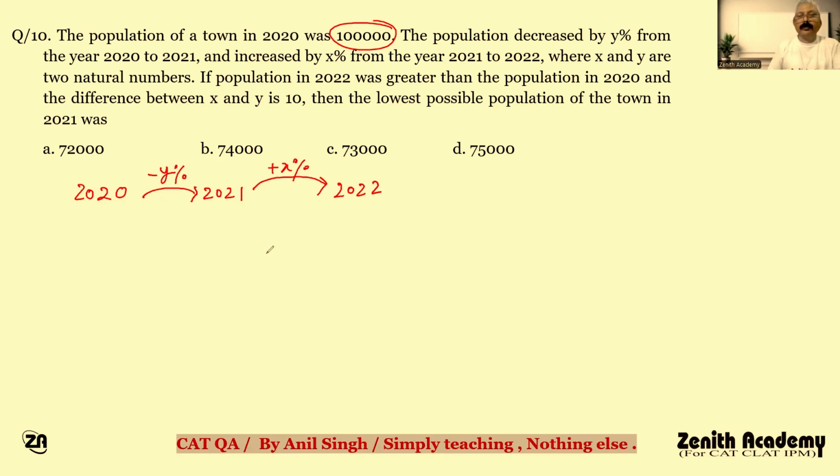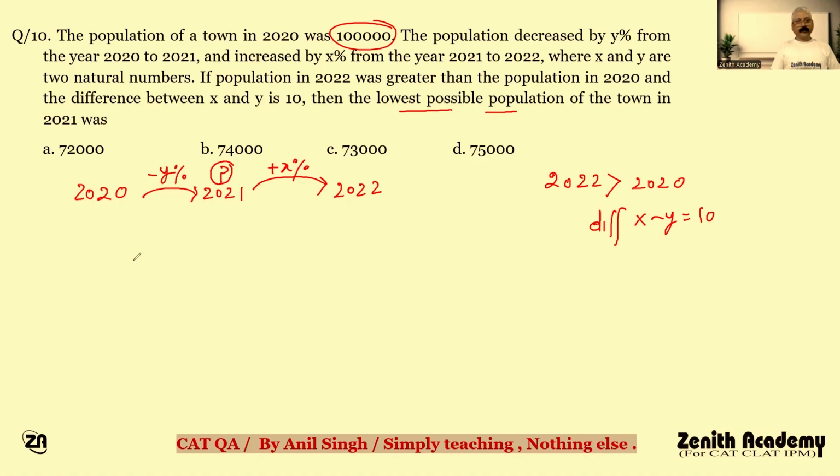The population in 2022 was greater than the population in 2020, and the difference between X and Y is given 10. Then the lowest possible population of the town in 2021. Here we have to find the lowest possible population of the town in 2021.